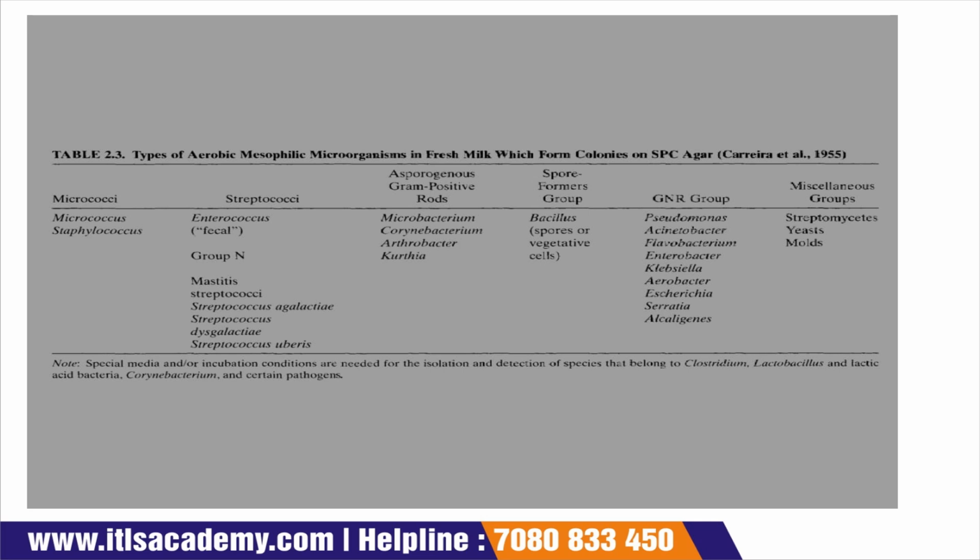Now the second table is for the types of aerobic mesophilic microorganisms present in fresh milk which form colonies on SPC agar media. The groups are micrococci, streptococci, asporogenous gram-positive rods, spore-forming group, GNR group, and miscellaneous group.